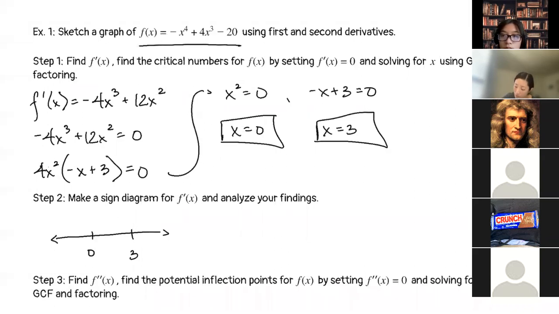If I'm interested in the slope of this region, should I use the original function or the derivative? Anytime I want to know about slope, I better be using the derivative.